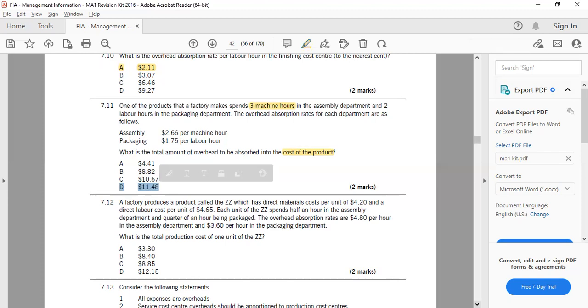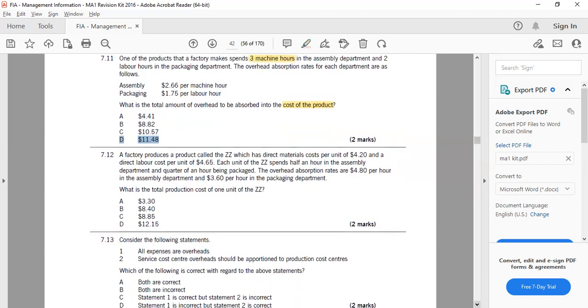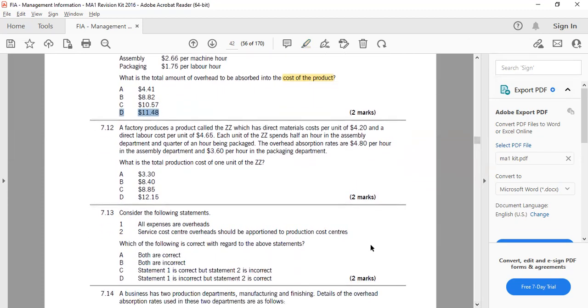Easy. So let's do the next. What is the total production cost of one unit of the ZZ? A factory produces a product called the ZZ, which has direct material cost per unit, direct material cost 4.2, and a direct labor cost.